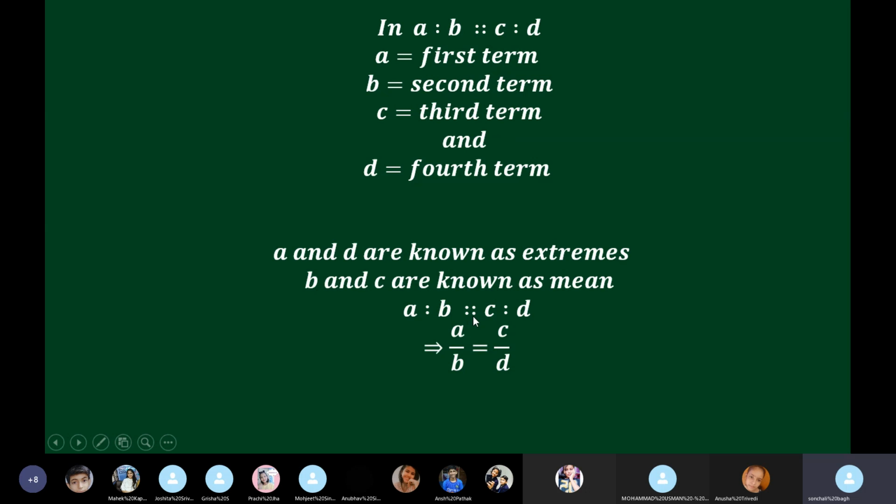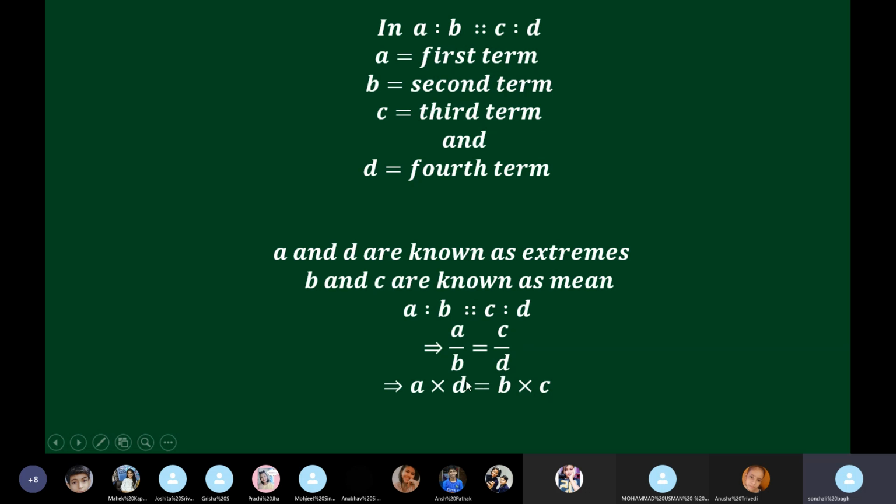But if we write in the form of fractions, this sign changes to the equal to sign. So A upon B is equal to C upon D. If we cross multiply, A into D and B into C. Don't make the same mistake which you made in your exam. So A into D comes to the LHS and B into C goes to the RHS.